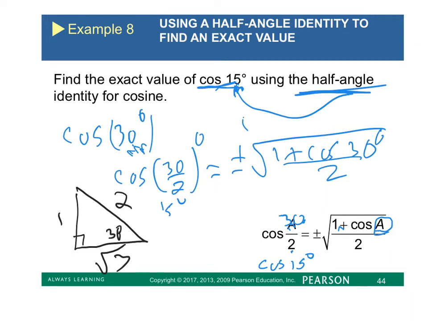Let's plug it in. We're going to have plus or minus square root of 1 plus cosine of 30, which is adjacent over hypotenuse. That's the square root of 3 over 2. That whole answer divided by 2 inside the square root.